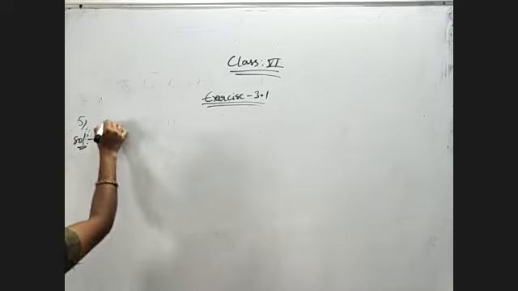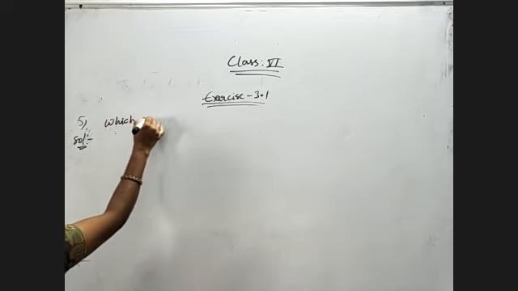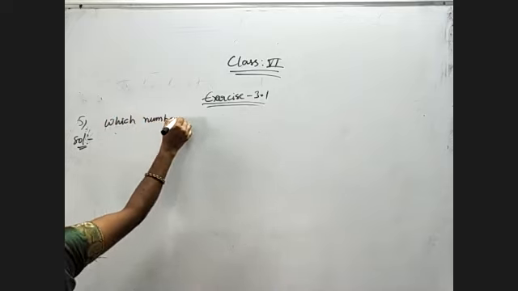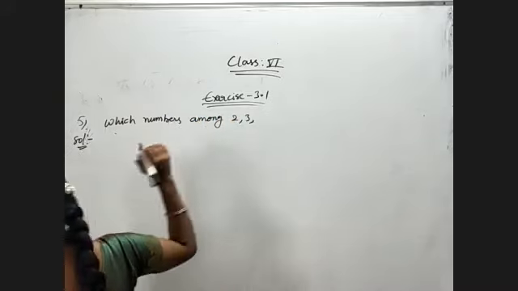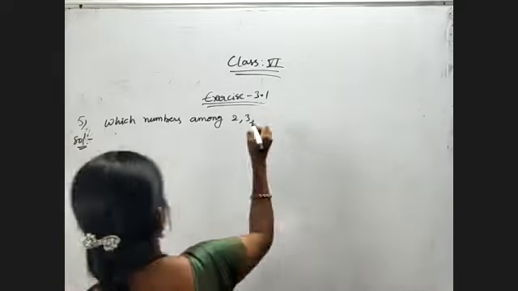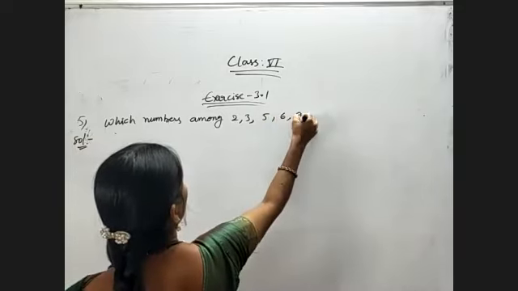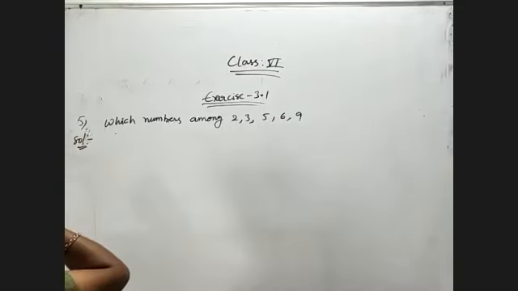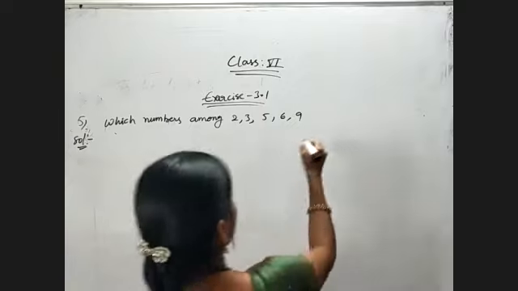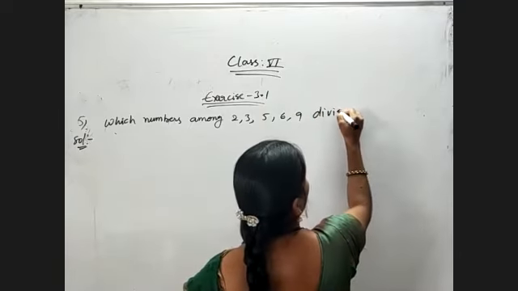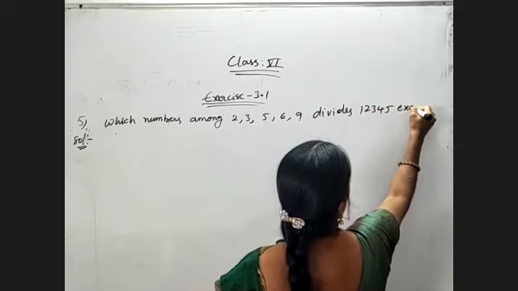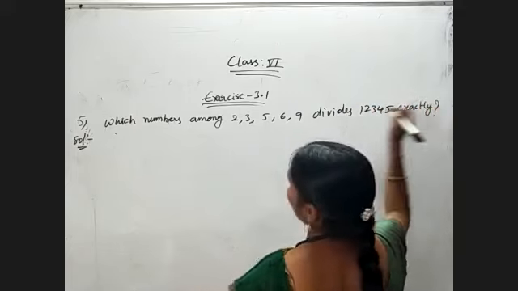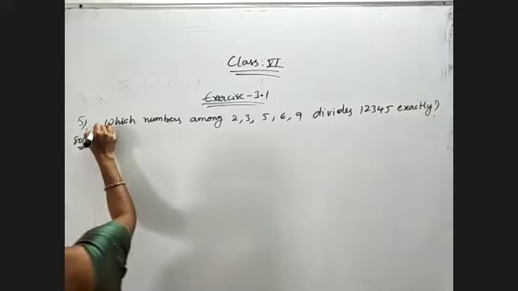Which numbers among 2, 3, 5, 6, 9 divide 1, 2, 3, 4, 5 exactly? This is my first question.